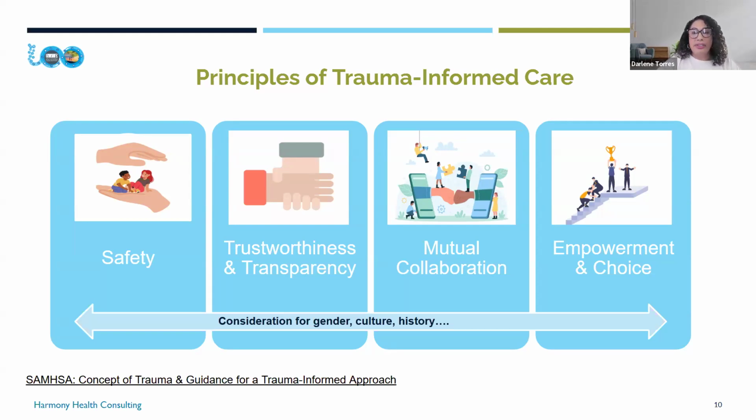And then lastly, we have here empowerment and choice. So trauma often involves a loss of control, right? And so we can counteract that by giving clients choices whenever possible.